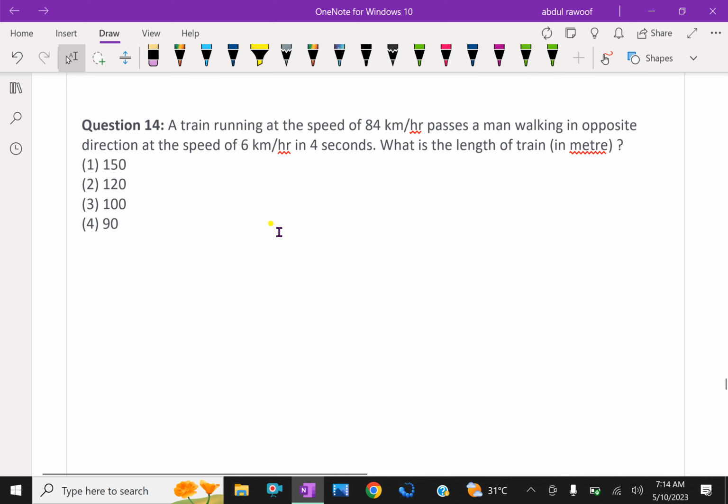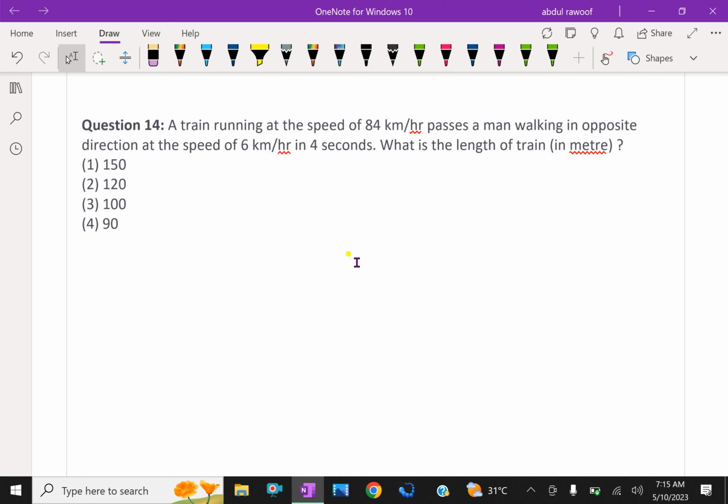Question number 14. A train running at the speed of 84 km per hour passes a man walking in the opposite direction at the speed of 6 km per hour in 4 seconds. What is the length of the train in meters? Here, both are in opposite directions, train and man.